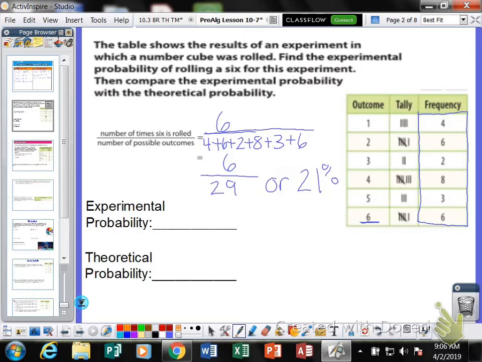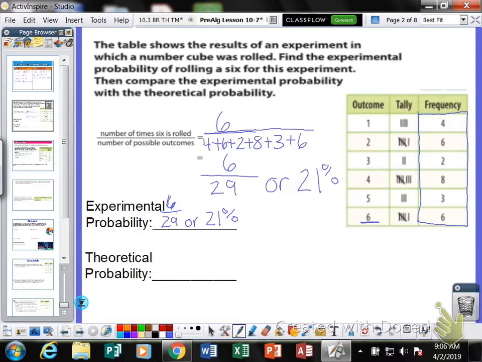So our experimental probability we just found is 6 over 29, or about 21%. Now theoretical probability.